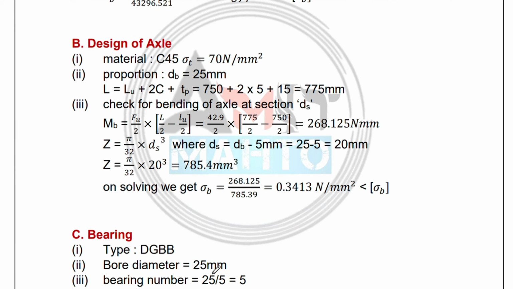Next, C we assume here as 5, and TP is 15.